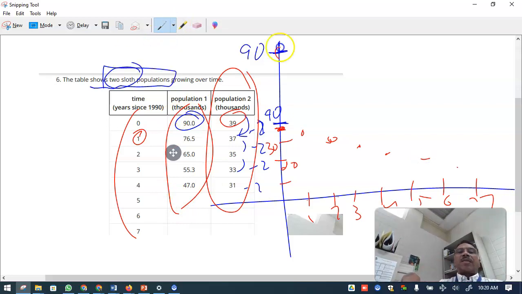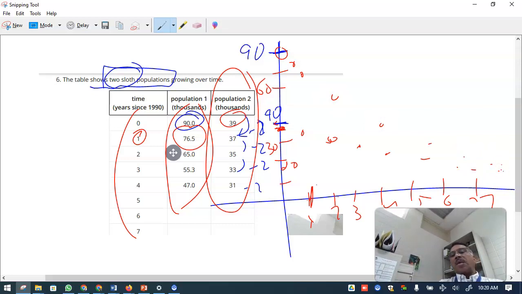But this part is a geometric progression, because it starts with 90, and then at 1 it is 76. So if this is 40, this will be 60, this will be 70. So 76 will be somewhere here. Basically what I'm trying to say is it goes down like this, and at one point it'll be almost the same.